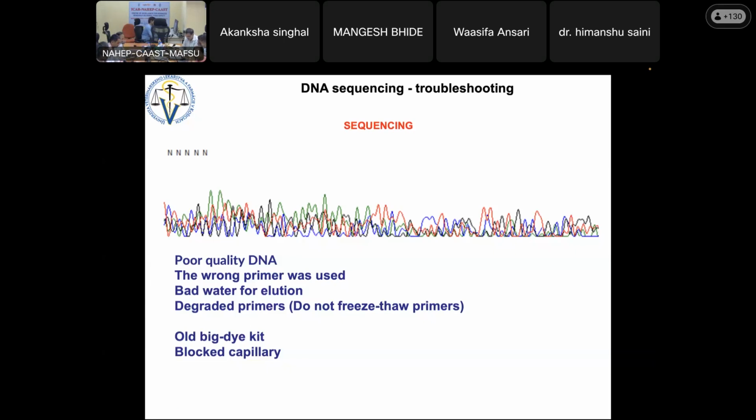So: poor quality of DNA, wrong primer, bad water for elution. Now for elution from the column, what do you use? Simple water. You need to use simple water. Never use TE buffer or the elution buffer which the company gives you.